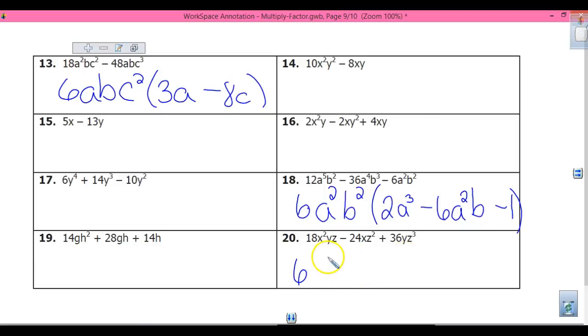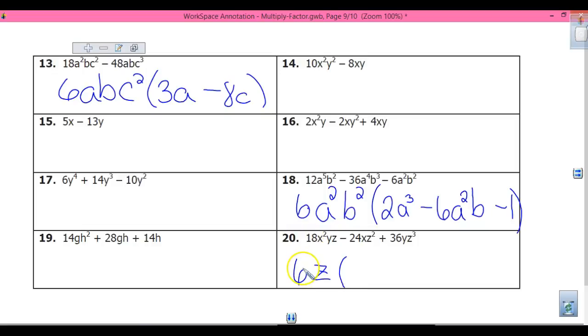Is there a y in all 3 of them? No. So I can't take out a y, because it's not in all 3. Is there a z in all 3? Yes. So I know I can take out a z. So I've now taken out everything that I can take out. Now I just got to figure out what I have left over.